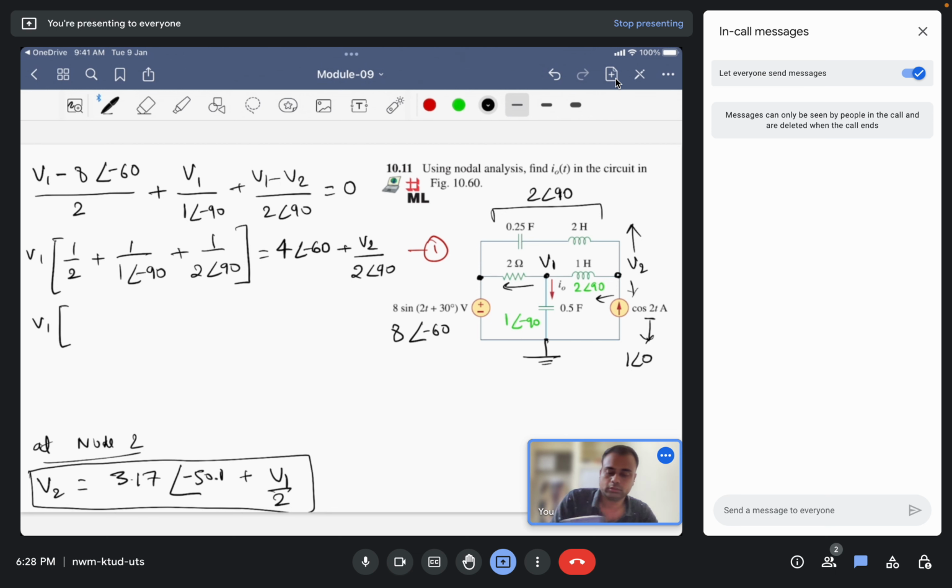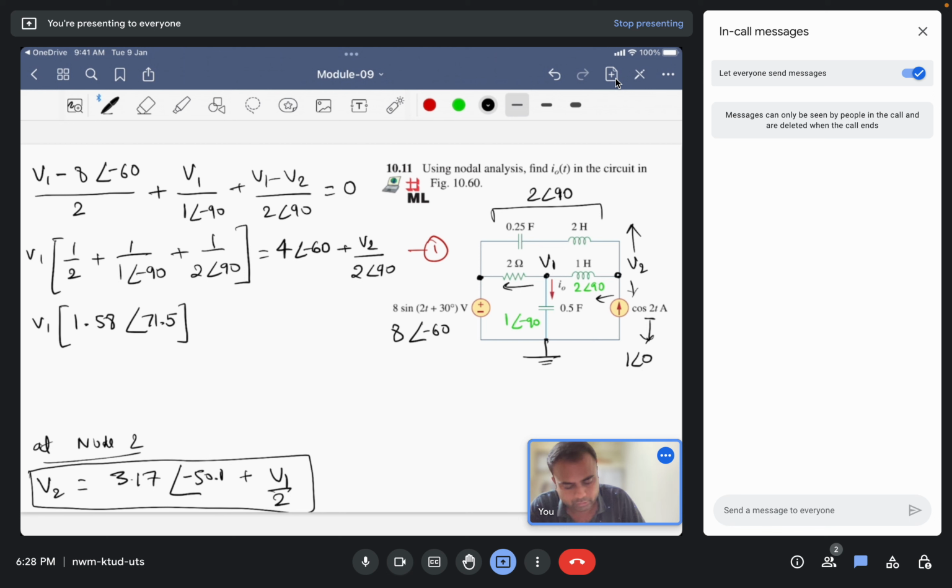So again, 1 by 2 is 0.5, plus 1 divided by 1 angle minus 90, and plus 1 divided by 2 angle minus 90. This is 1.58, angle is 71.5.